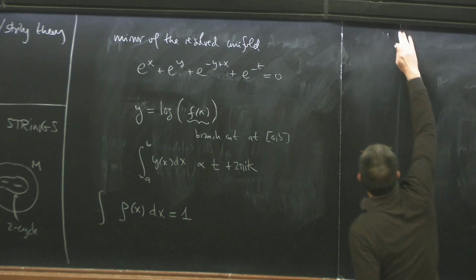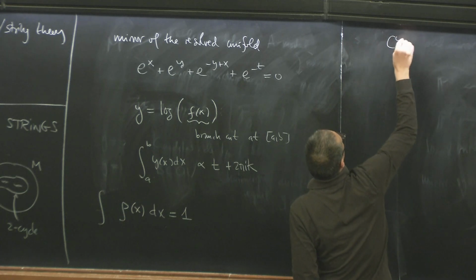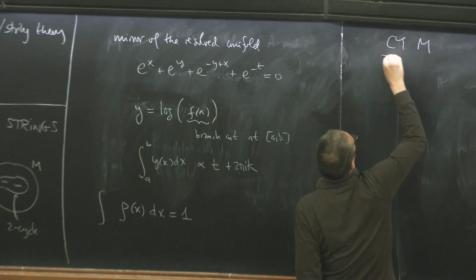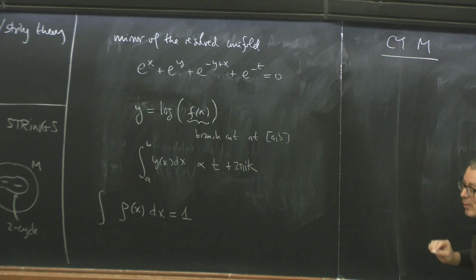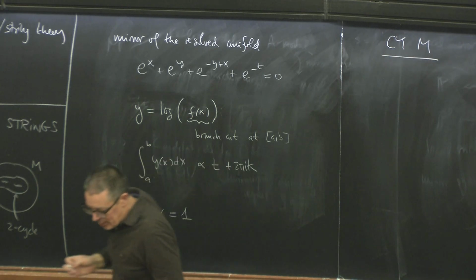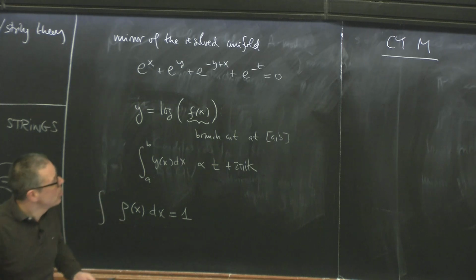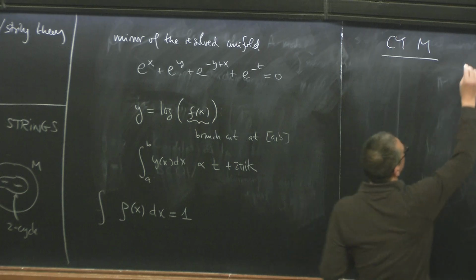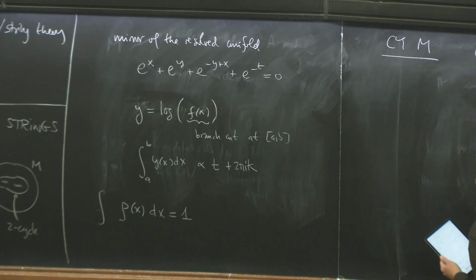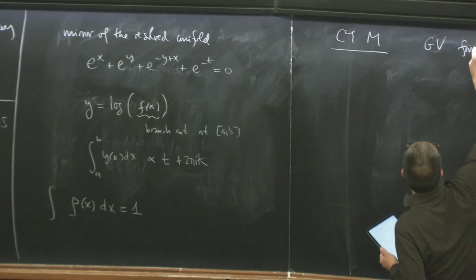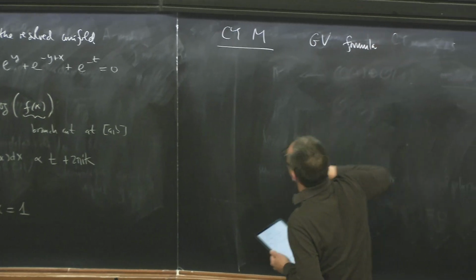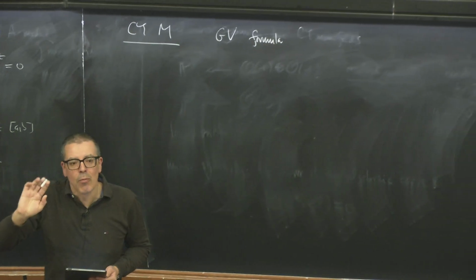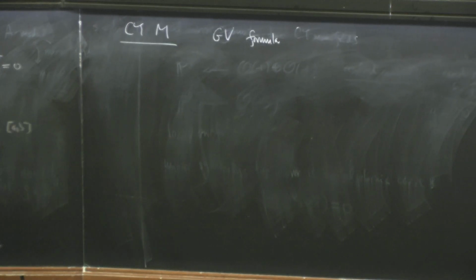So let's then consider an arbitrary Calabi-Yau manifold M. And what can you say about F_g? Well, you cannot actually write down F_g in closed form, but Gopakumar and Vafa found this famous Gopakumar-Vafa formula, which gives you, in a sense, a resummation of the Gromov-Witten expansion at fixed degree, genus by genus.